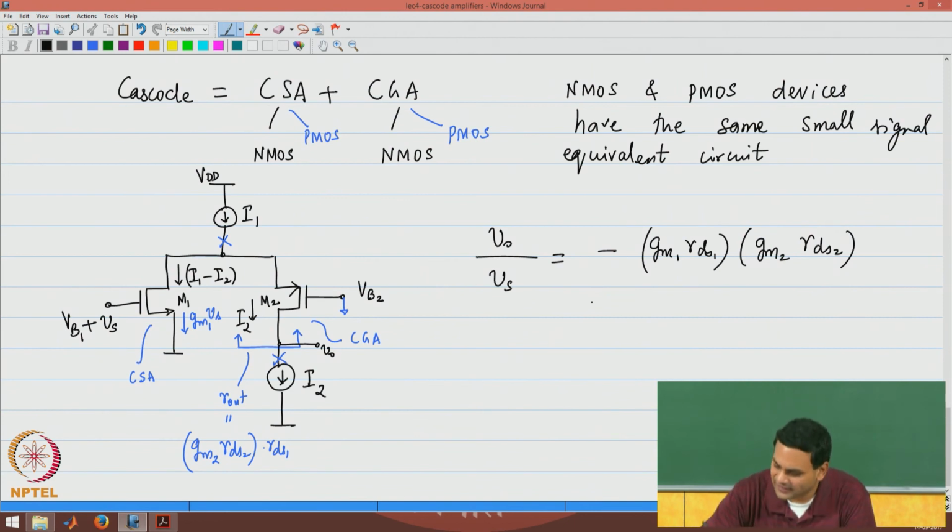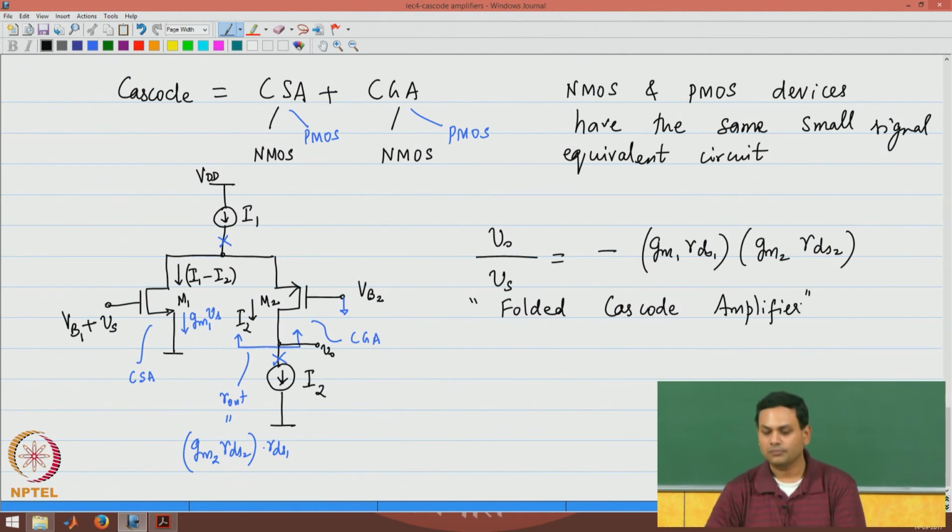This particular circuit is called a folded cascode amplifier, because of the way the circuit is drawn, the current is folded into the PMOS device.